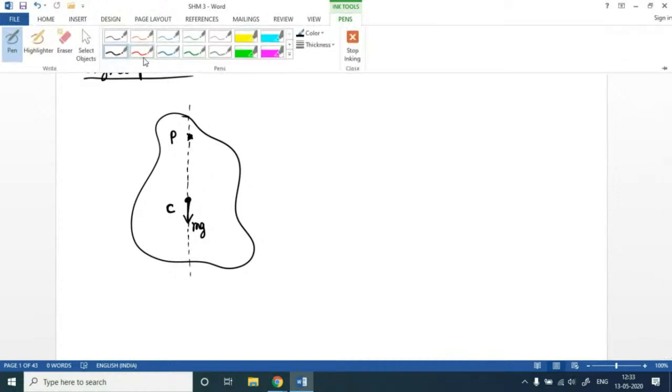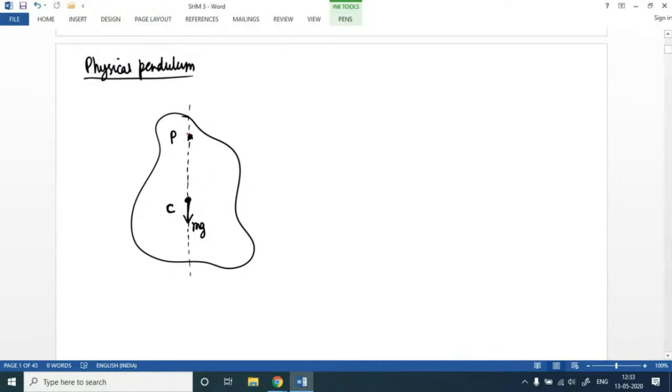But what if we displace it slightly, giving some angular displacement theta in this direction, and let's say it is small, theta tending to 0?